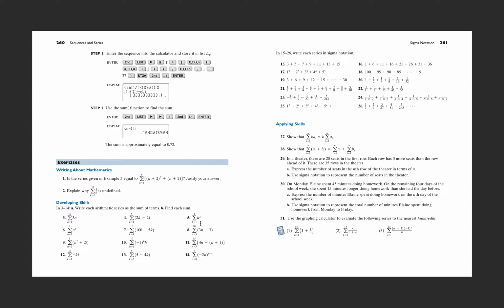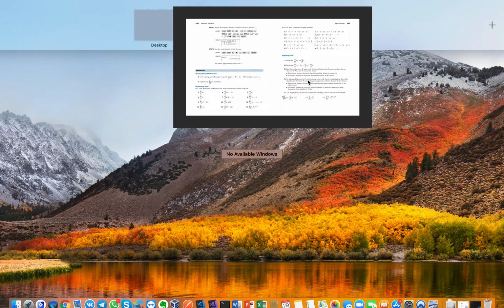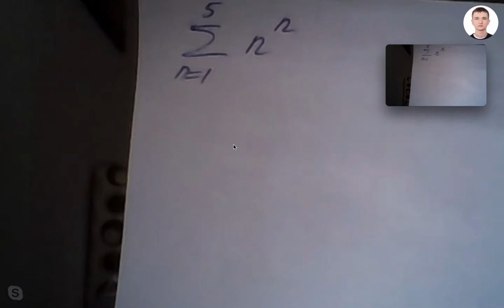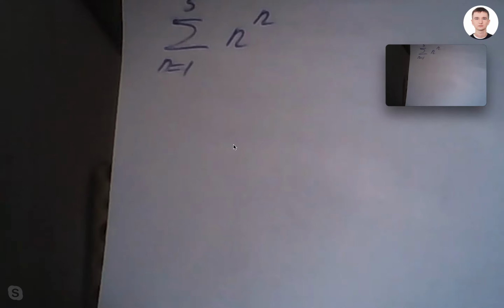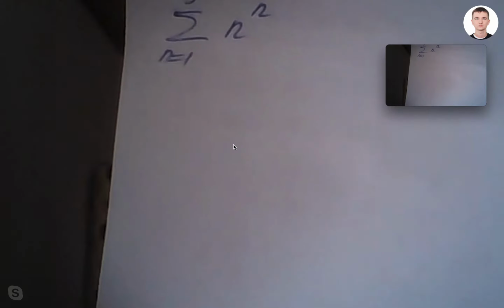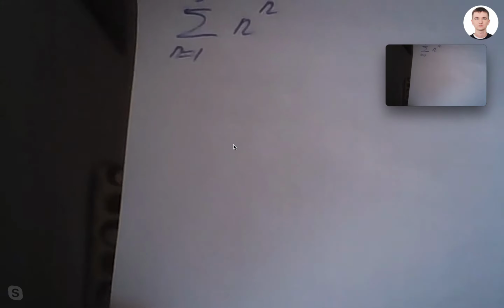So we've got equal bases and exponents. And our series would be written in this way: the sum of k from 1 to 5 of k to the power k.